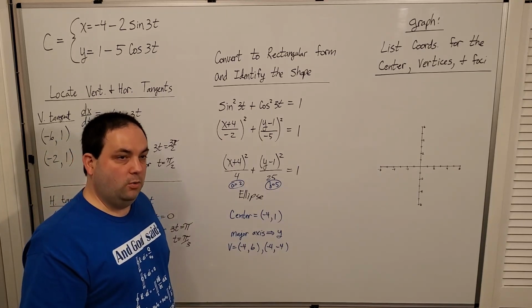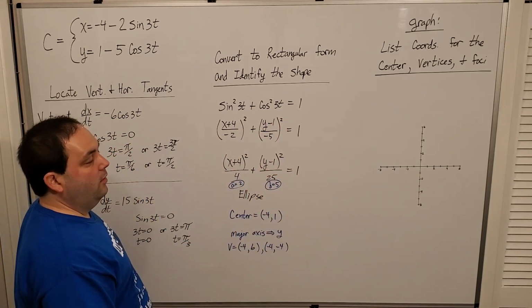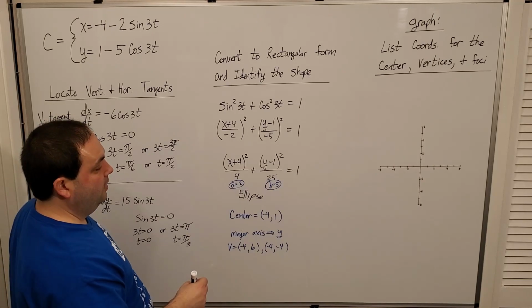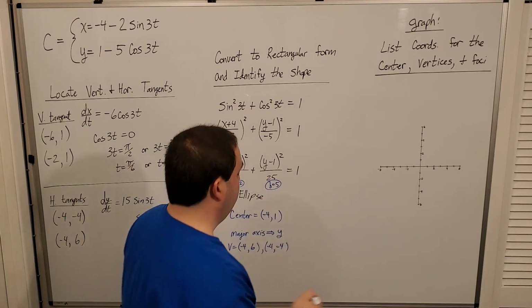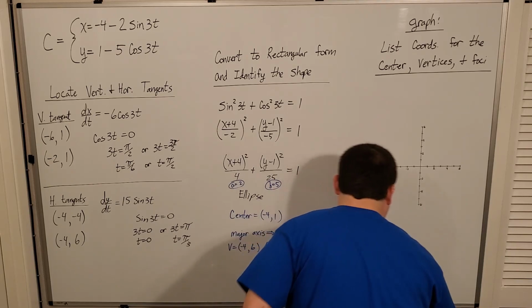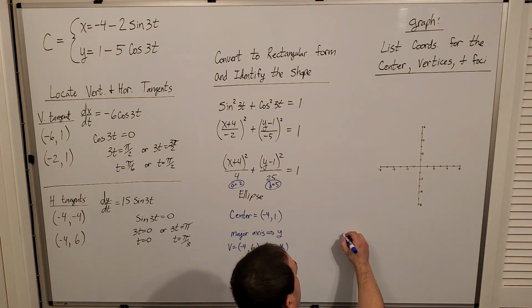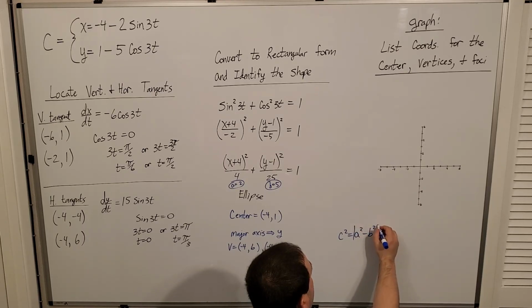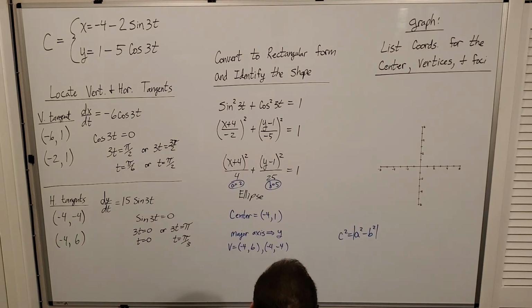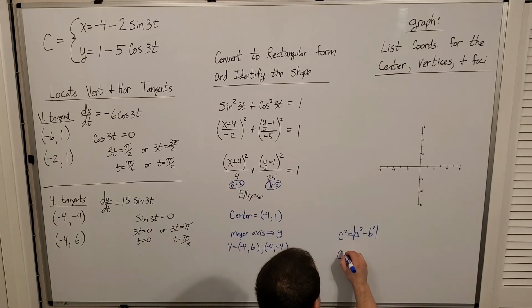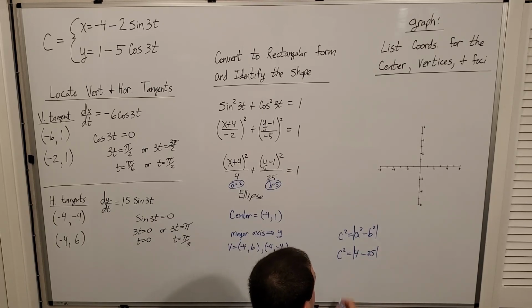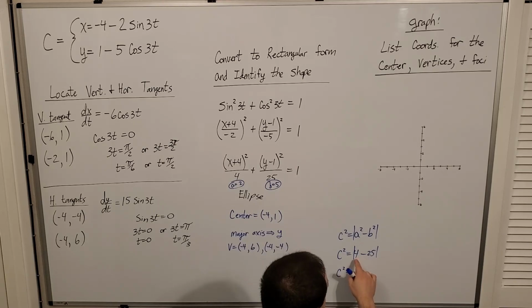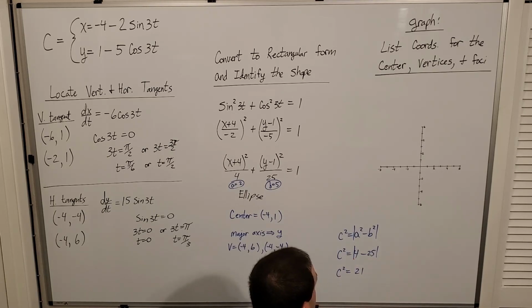Now what about the foci, right? The foci we're just going to draw in afterwards, but to compute those, remember we do c squared equals a squared minus b squared, absolute value, right? So a squared is 4 and b squared is 25. So c squared is going to be 21, right?